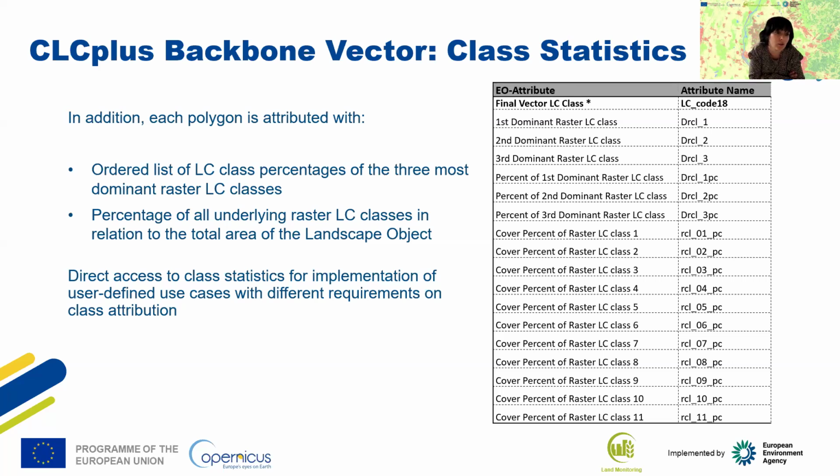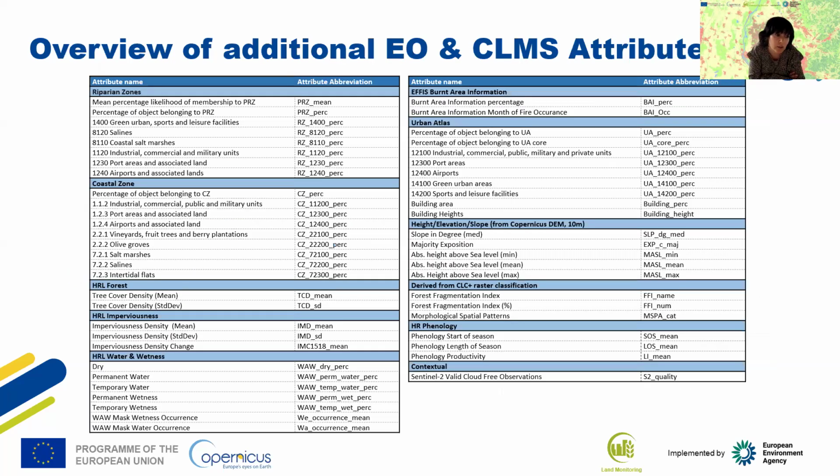And if you go to the next one, you can also see a lot of attribution that comes from other products, be it CLMS, like riparian, coastal, urban, DHRL, forest with the tree cover density or imperviousness density as well. But it also has the FEs coming from the emergency service. It also has elevation information coming from the Copernicus DEM. So it has a lot of additional information per polygon.